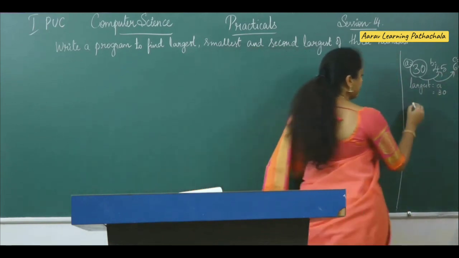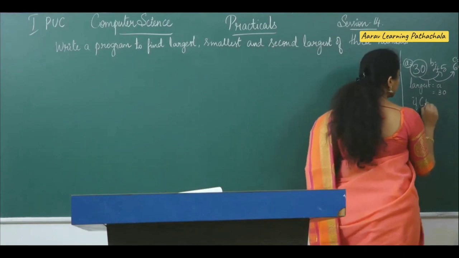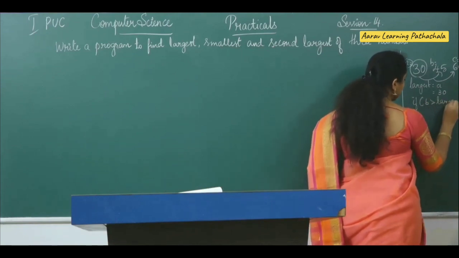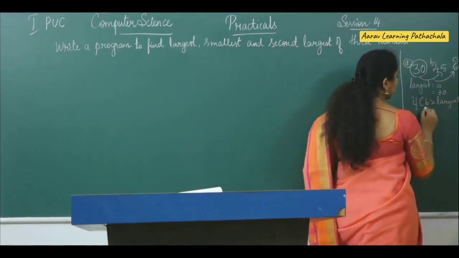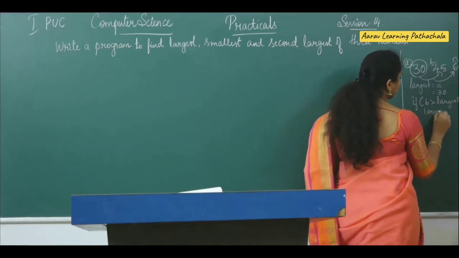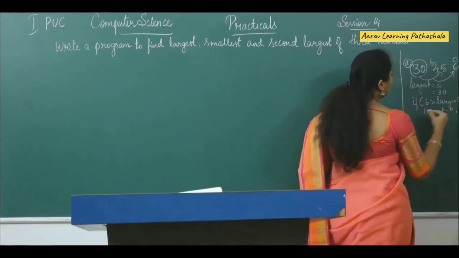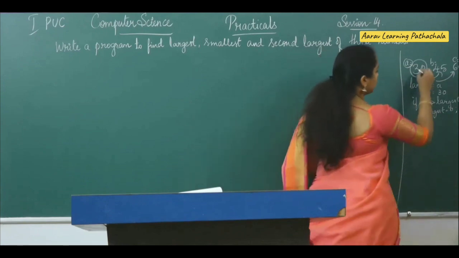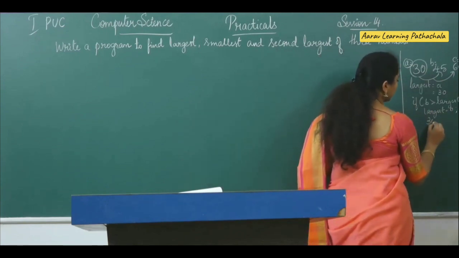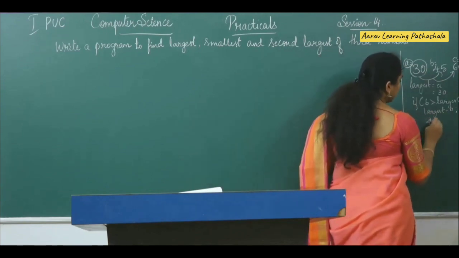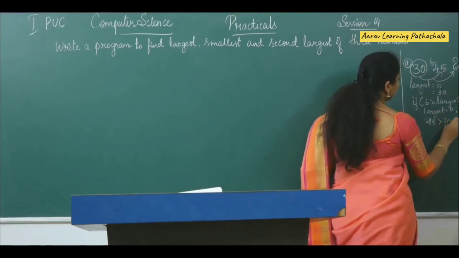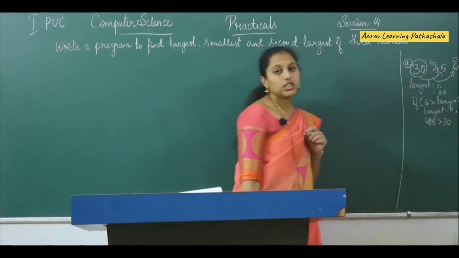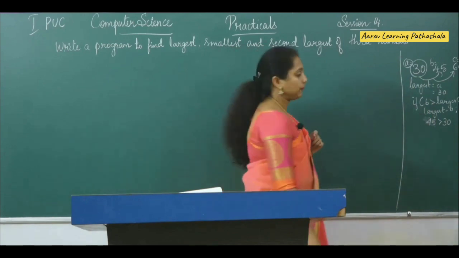That is, if B is greater than largest, then largest is going to be the value of B. So see here, we are checking the condition. If 45 is greater than 30, then largest will be the variable B.